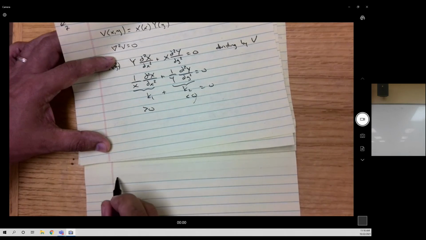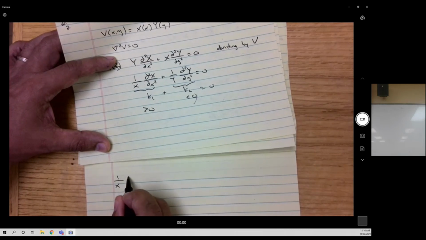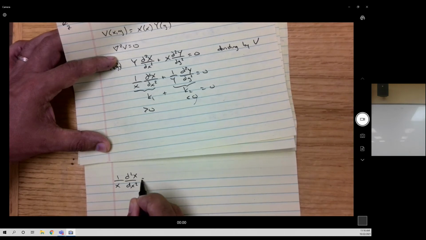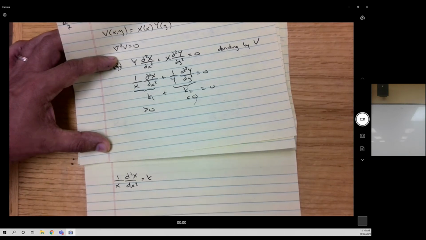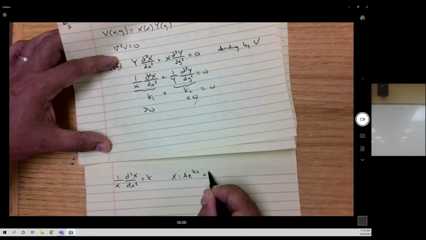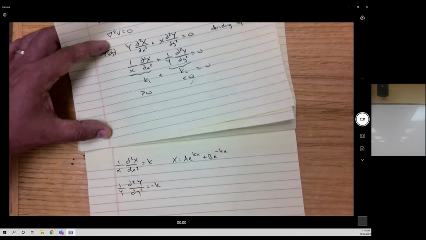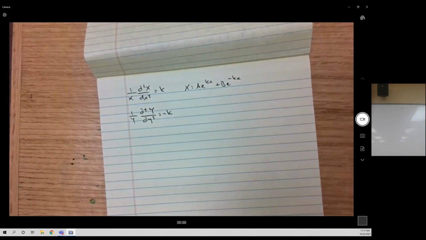So now we have 1 over X equals K, and K will be positive. So I will have that this will have the shape A e to the K X plus B e to the minus K X. And then for Y, that will be negative.